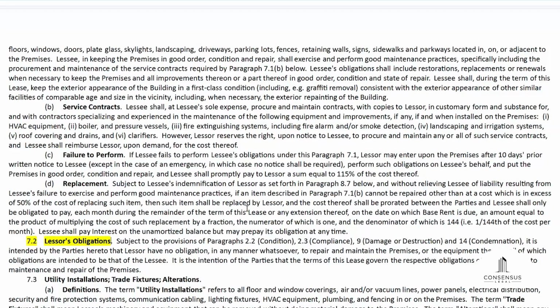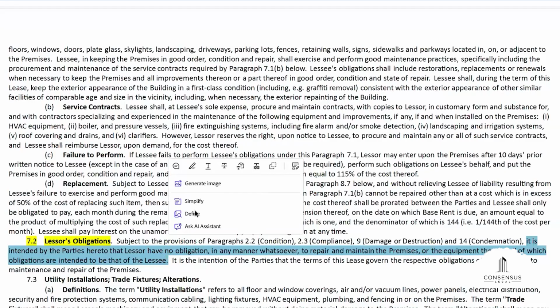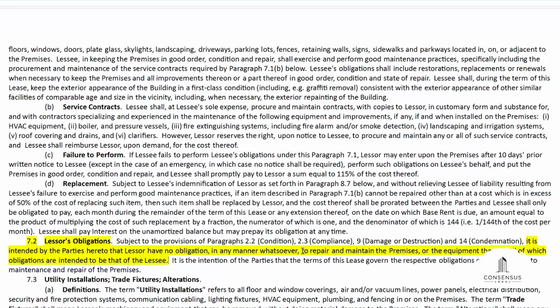So this is the single-tenant net lease, and the key provision here, which we all should be aware of, is right here. It is intended by the parties hereto that lessor have no obligation in any manner whatsoever to repair and maintain the premises or the equipment therein, all of which obligations are intended to be that of lessee.